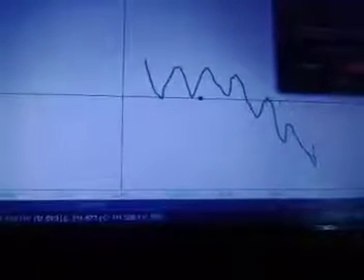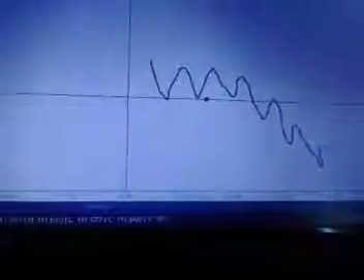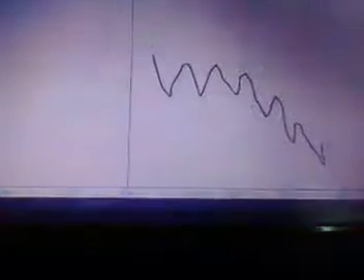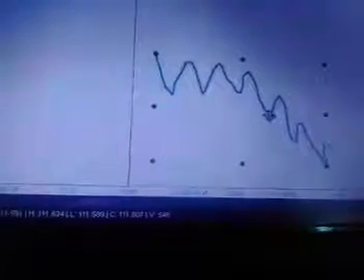So now, let me show you how resistance and support look on a real chart. So when you go on a real chart, this is how the market looks.